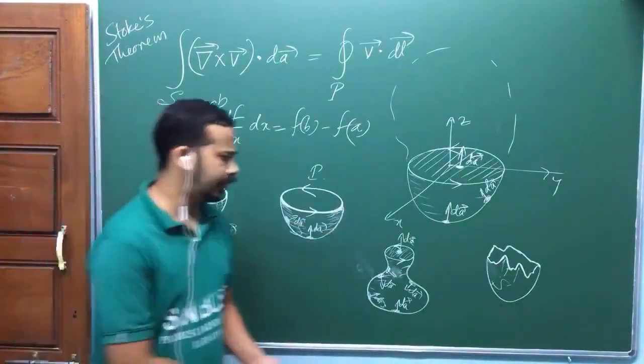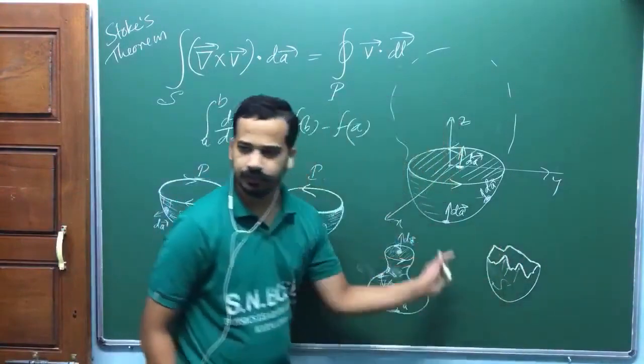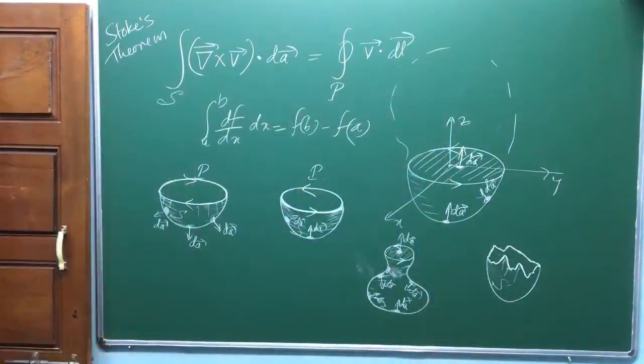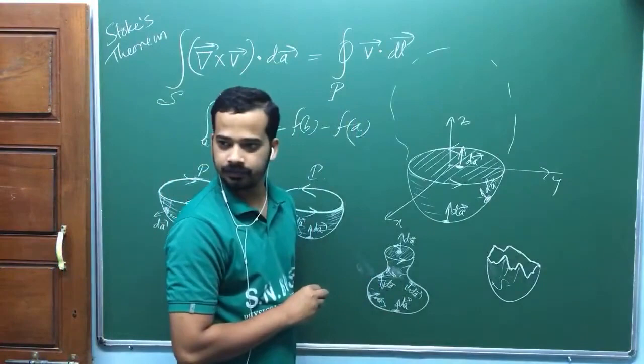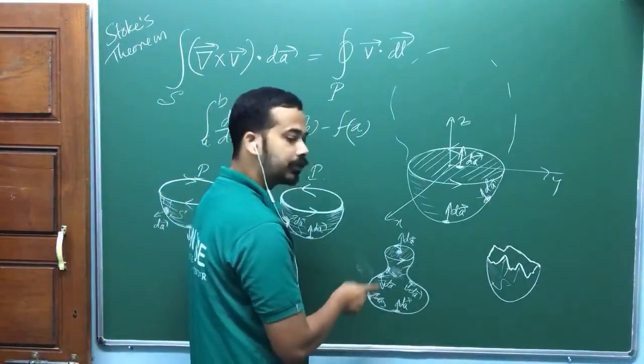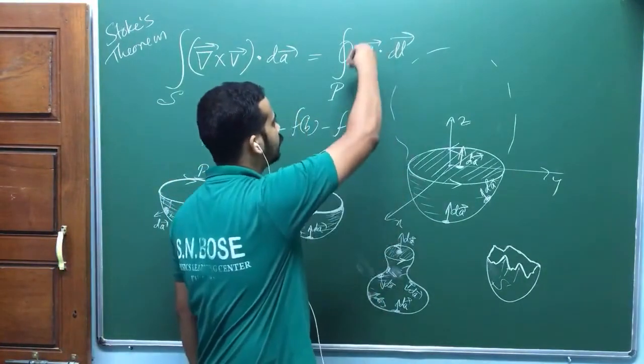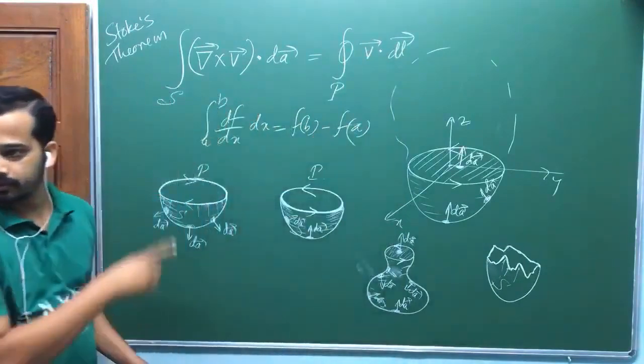Here also you can use your right hand thumb rule to fix the dl vector and dA vector direction. Now look here. If I shrink this path to 0, then the surface becomes a closed surface, the path integral becomes 0, and the right hand side becomes 0.